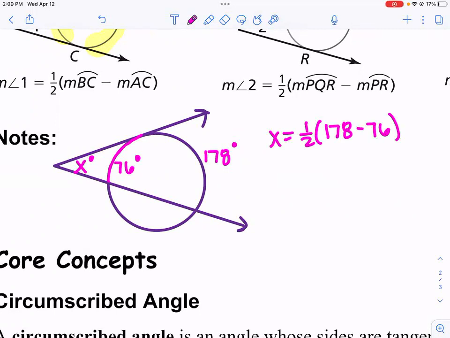Well, I don't want a negative angle. Then you take the higher number, which is going to be the outer arc every time. So what's 178 minus 76?